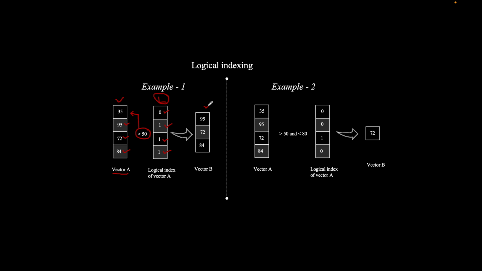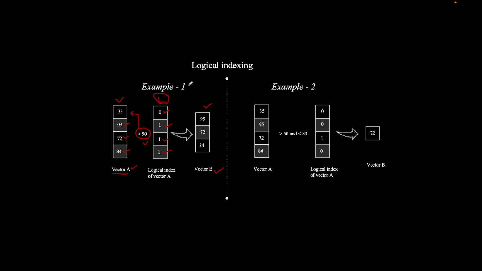That is the resultant vector that we are getting, which is the vector B. What we did is compare this entire vector with a scalar, created this logical vector, and using this logical vector we created our final result. You can see these elements are greater than 50.